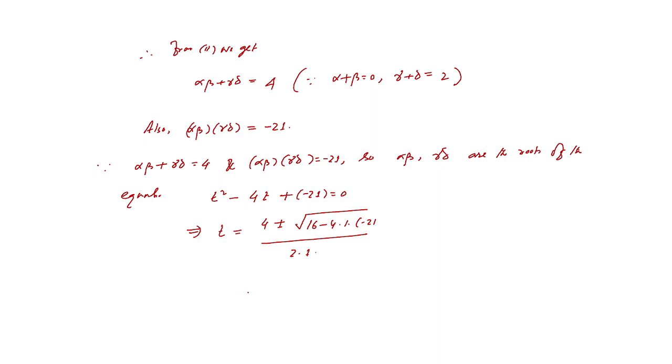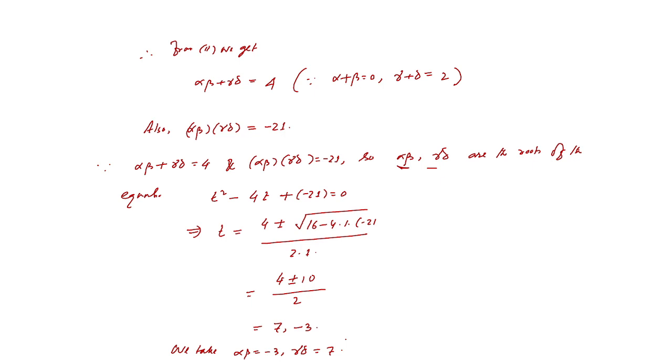So that will be 4 plus minus 10 by 2, and that will be 7 and minus 3. Since alpha beta and gamma delta are the roots, we take alpha beta equals minus 3 and gamma delta equals 7.